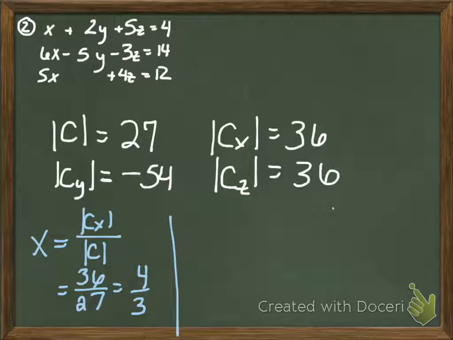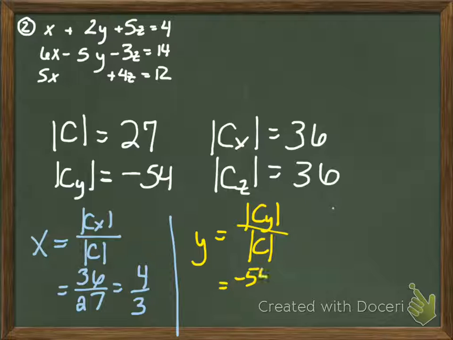Then we're going to find Y by doing CY divided by C. So CY is negative 54 divided by 27, which gives us negative 2.